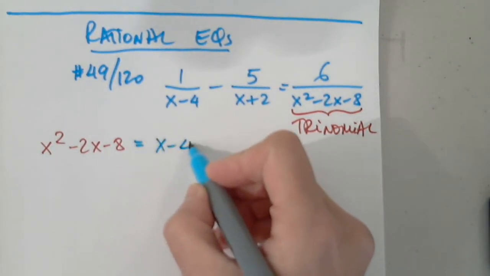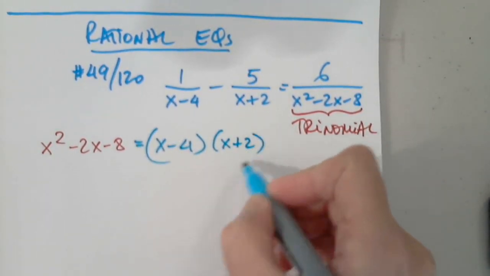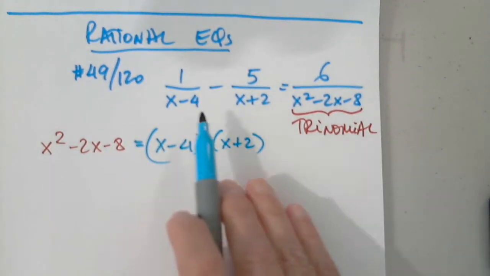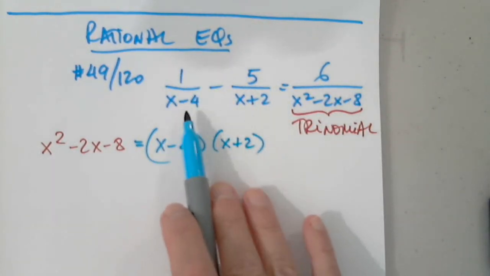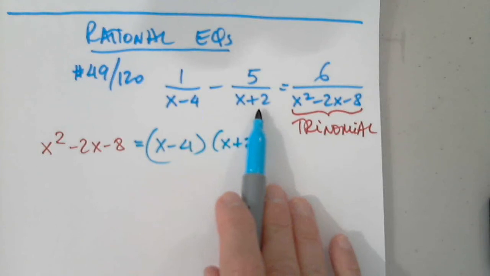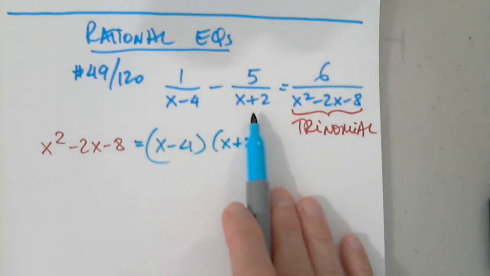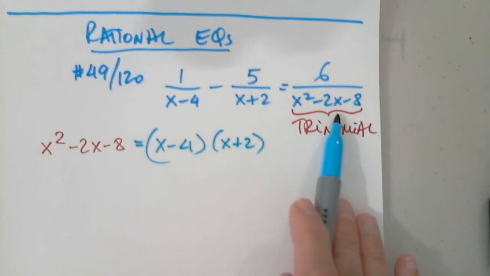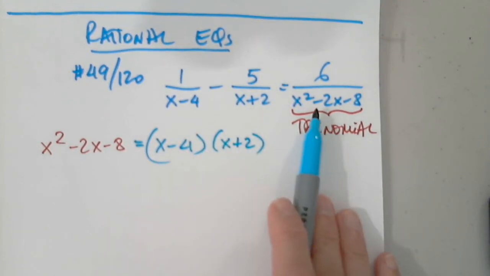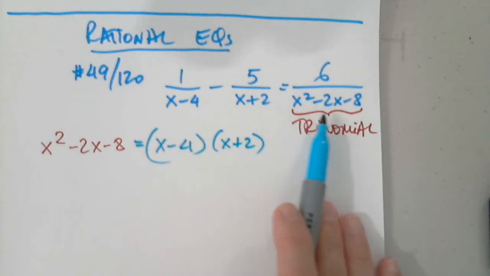X minus 4 and x plus 2. Excellent. Normally, in an equation like this, you should always look at the other factors in the denominator, right? So it is highly likely that that's what we are going to get. Not always, but it's an indication.